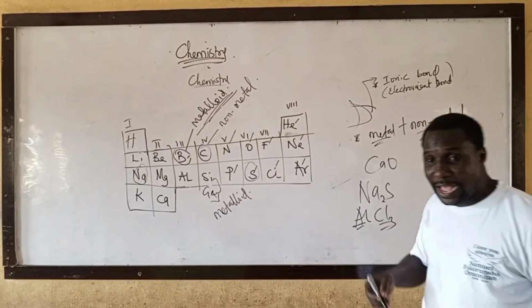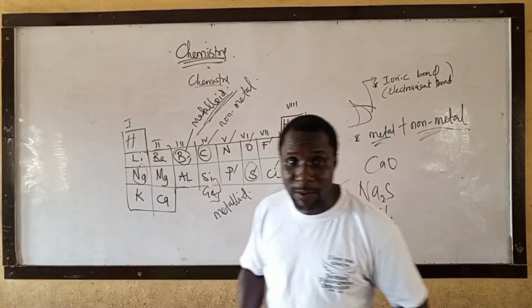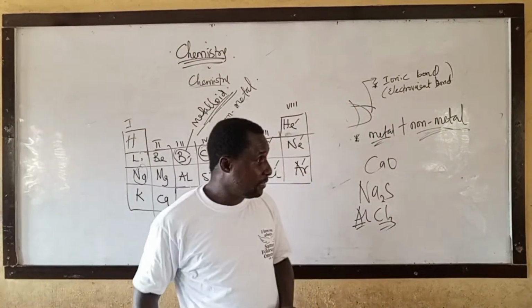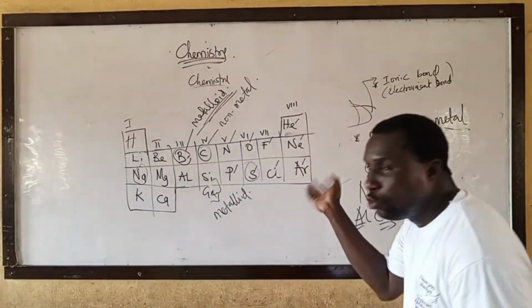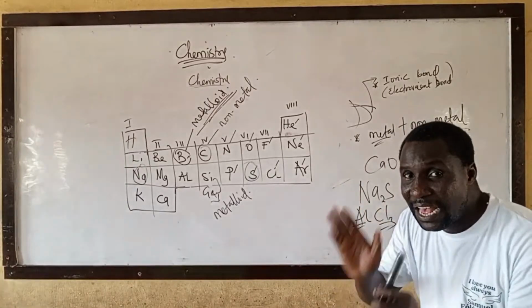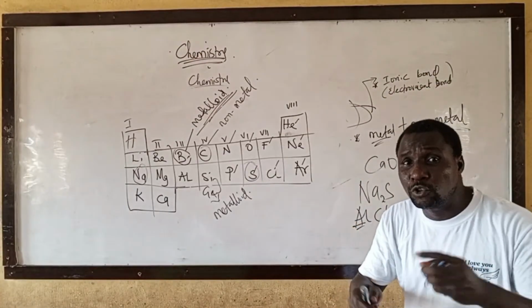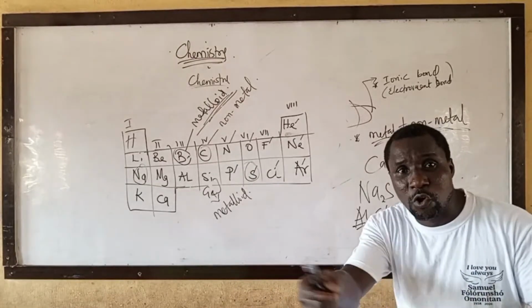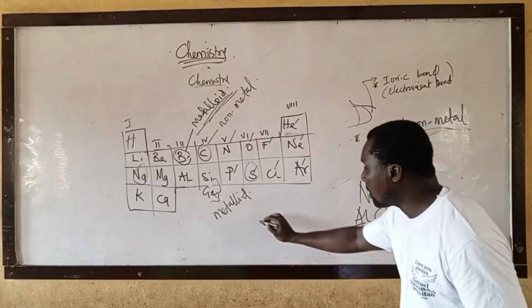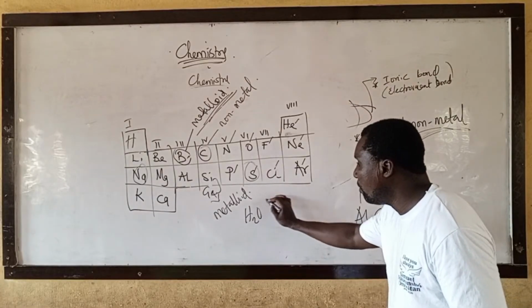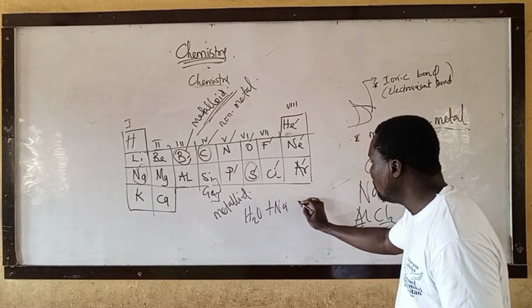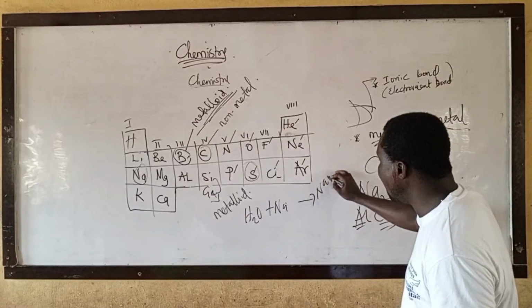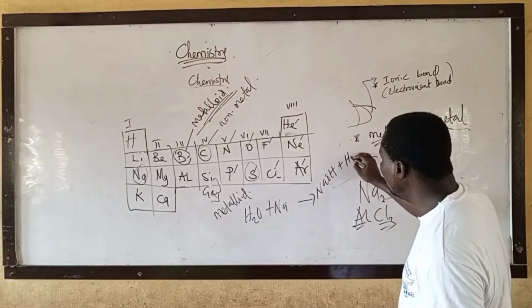Characteristics of ionic compounds. Number one. Don't cram it. That is why most of you, if you want to write a chemical equation, you don't know the state of your compound. Some people want to write H2O plus sodium, and you just write sodium hydroxide plus hydrogen gas.